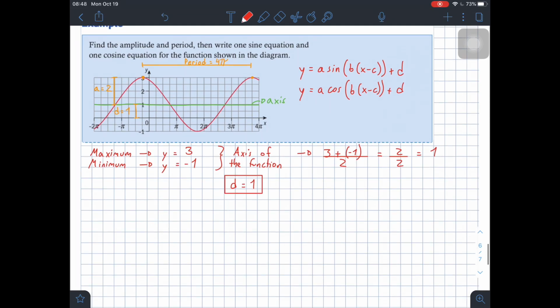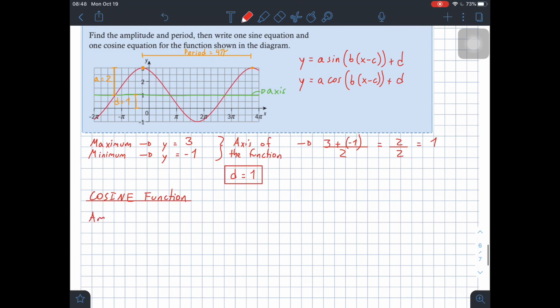Let's start first with the cosine function. For the cosine function, which is this one over here, you can find the amplitude by performing the following. Instead of 3 plus -1 divided by 2, now we're going to find 3 minus -1 divided by 2.